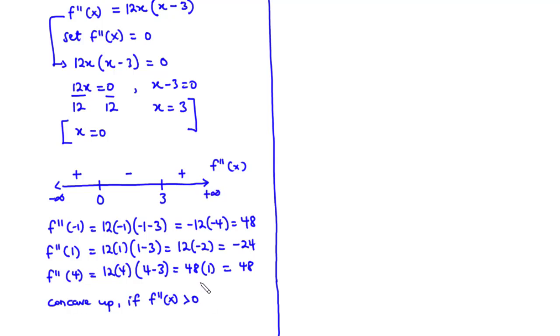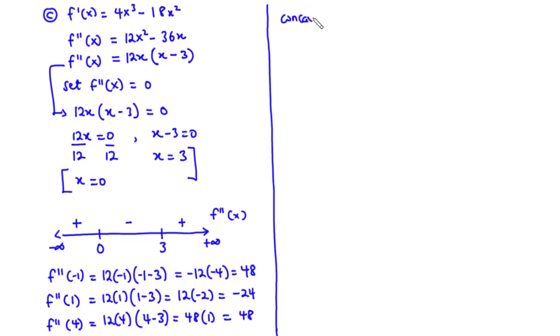So what this primarily means is that the function is concave up from negative infinity through to 0, and then also from 3 through to positive infinity.